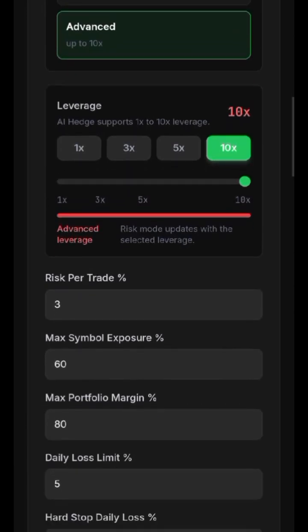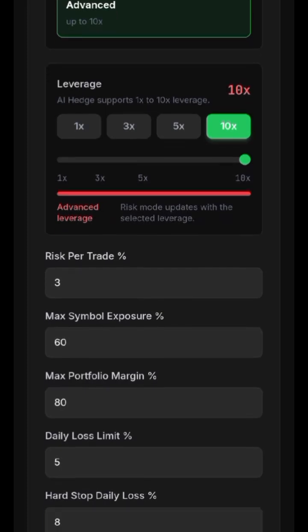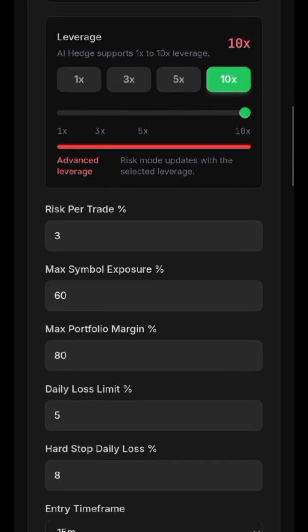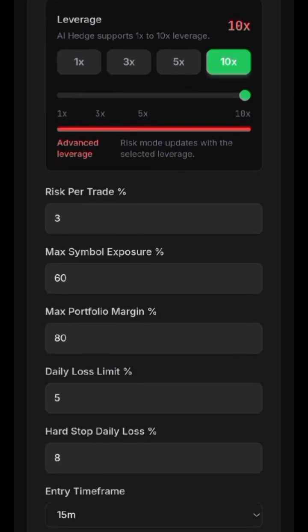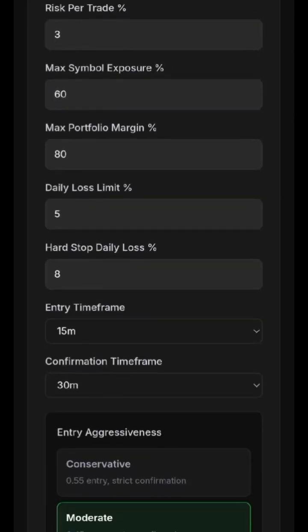Maximum symbol exposure, I leave it at the default. Maximum portfolio margin, I leave it at the default. Daily loss limits, I leave it at the default. Hard stop daily loss, I leave it at default. All right, these are what is called in engineering or mechanics, you call it maybe something like a circuit breaker.